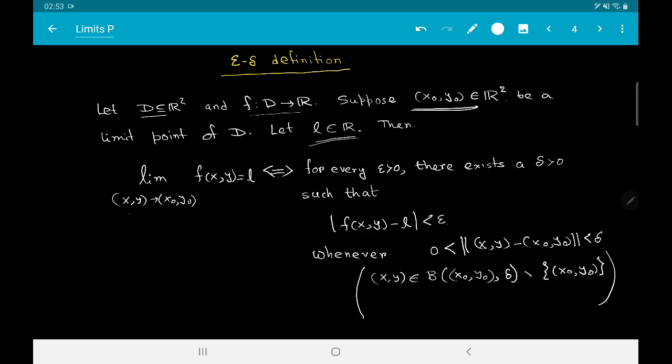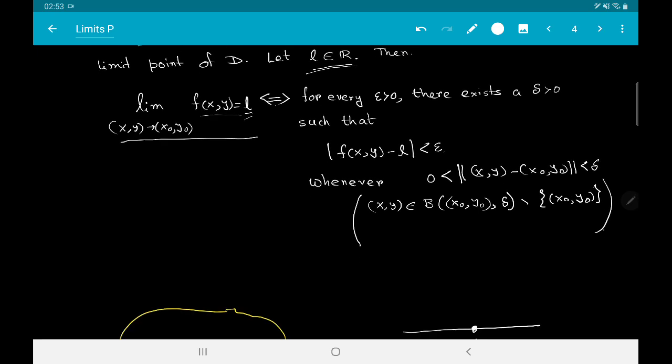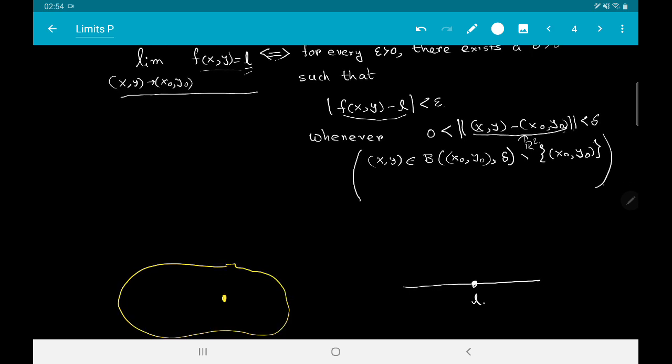We say that the limit of f(x,y) as (x,y) goes to (x0,y0) is equal to L if and only if for every epsilon greater than 0 there exists a delta greater than 0, such that the modulus of f(x,y) minus L is less than epsilon whenever the norm of (x,y) minus (x0,y0) is less than delta. Again note that this quantity is in R2, so we cannot apply modulus, we have to take the norm in R2, and this quantity is a real number, so here we have to take modulus.